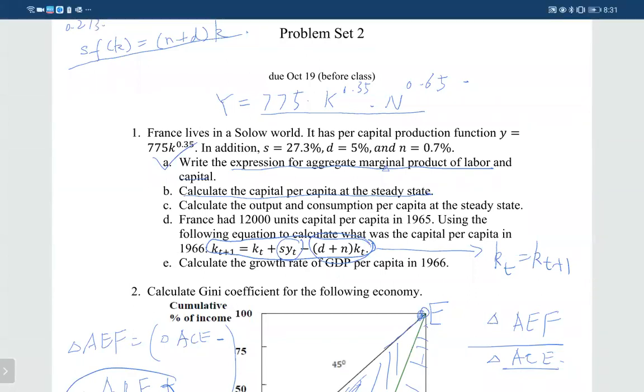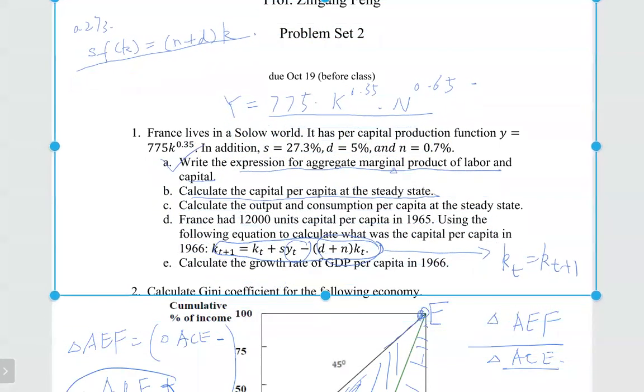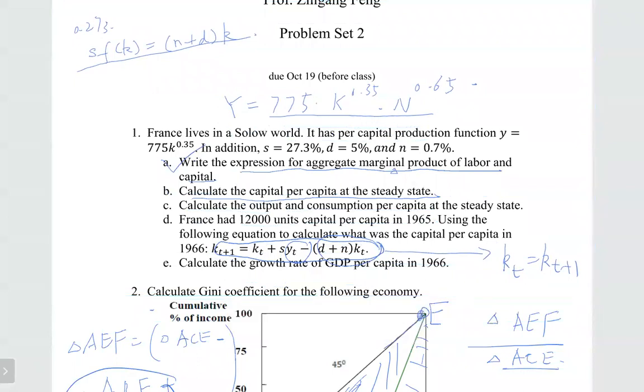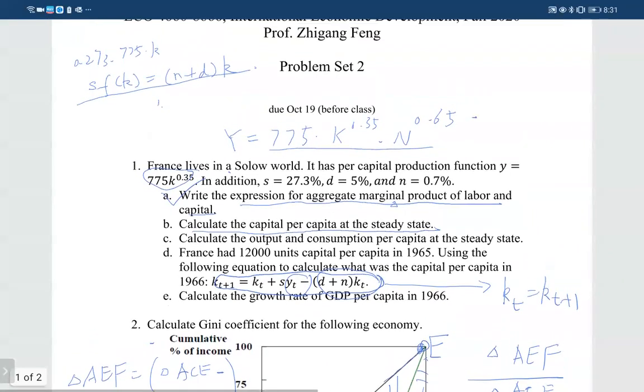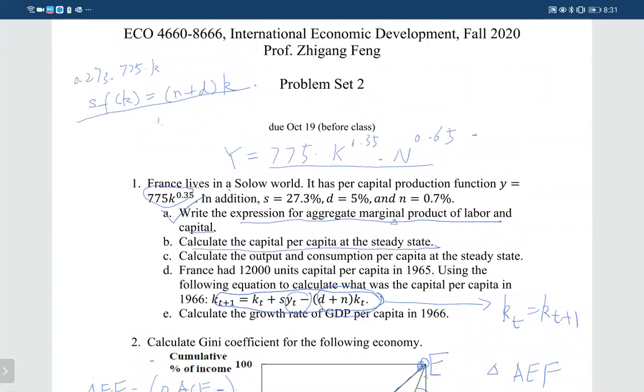F_K equals, so this is just plugging in here, 0.775 times K to the power 0.35, which equals N plus D, which equals 0.057 times K. So this is going to give you K star, or the steady state capital.